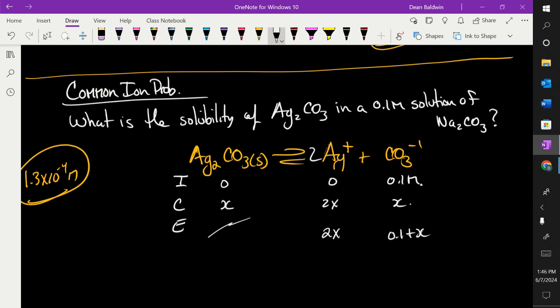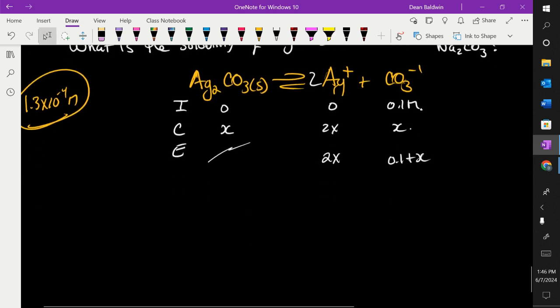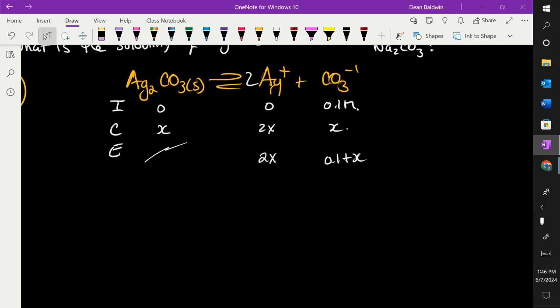You can do it if you want, but we can always make the assumption that x is smaller than 0.1. Yeah, you should write that. Oh no, that's so much work. No, just be like, nah. So we can assume this is just 0.1.